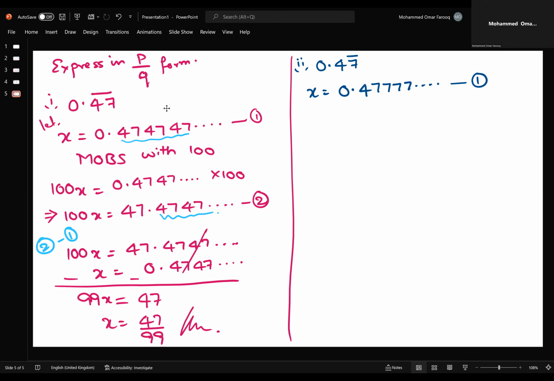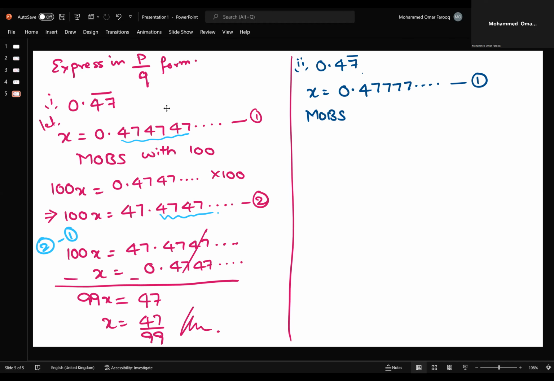See, what you are supposed to do here: previously, whatever the number of recurring decimals, you multiplied with that power of 10. But now, in this kind of problem, first multiply on both sides with the power of 10 for the non-recurring decimals.